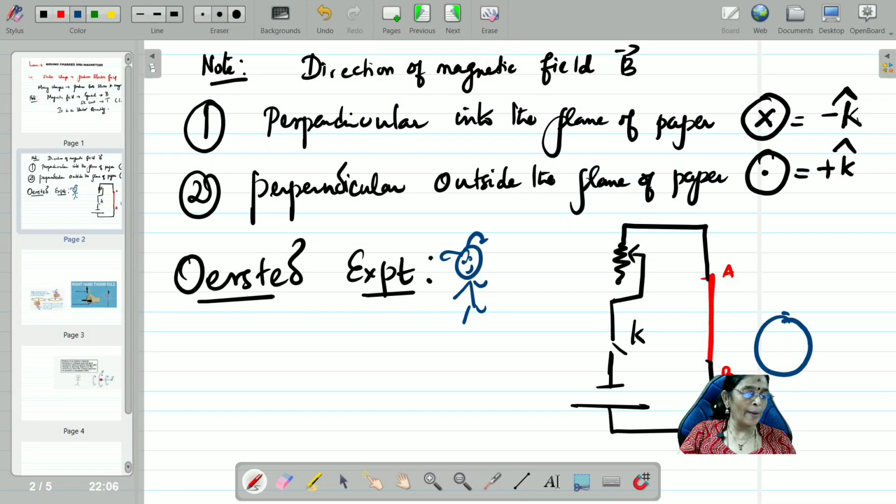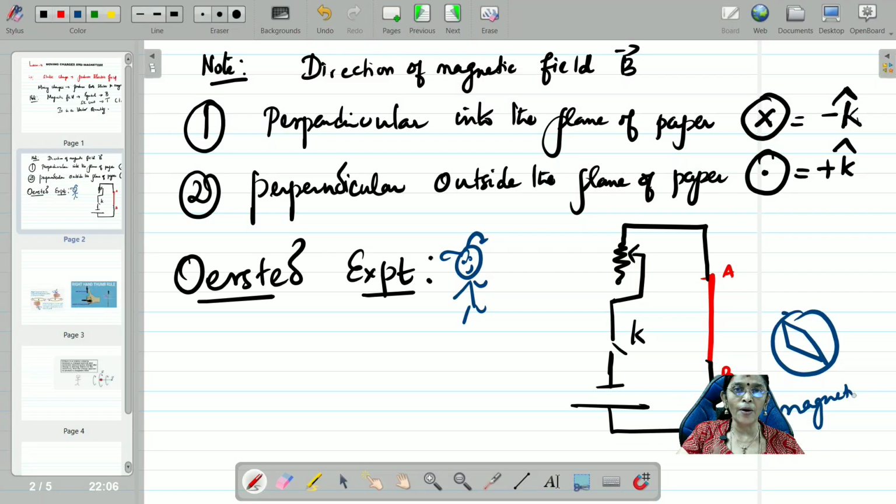While he was meddling with the apparatus, there was a small magnetic compass needle lying over there. Have you ever seen a small magnetic compass needle, children? Yes, sailors use it, no? Your small magnet. So that small magnetic compass needle was held on the table.